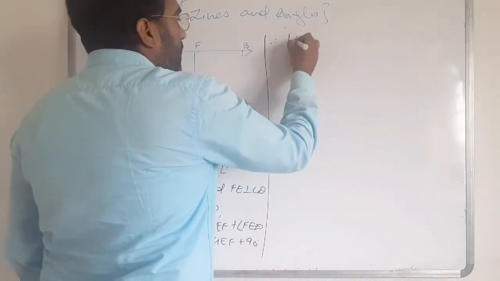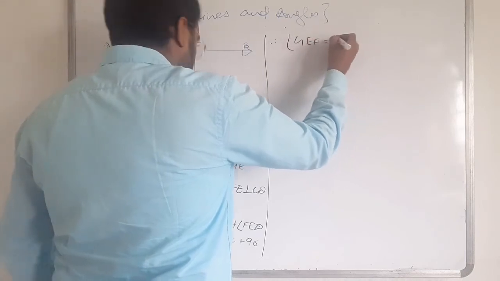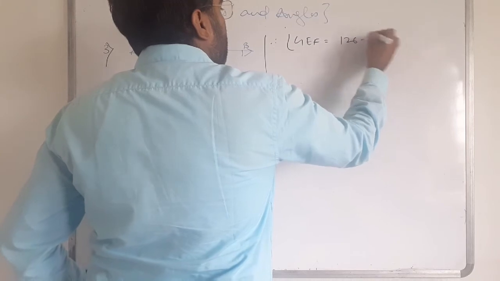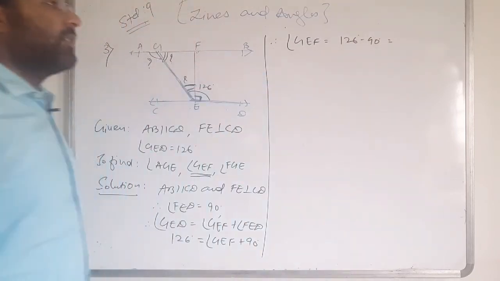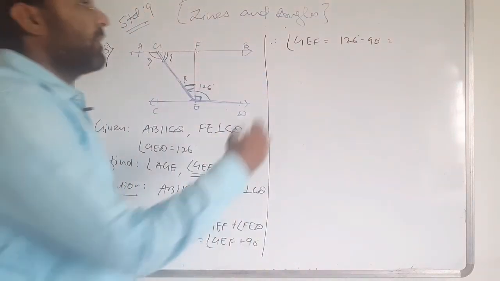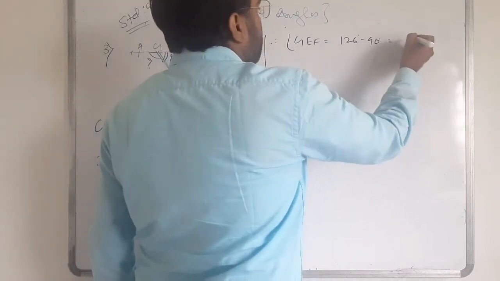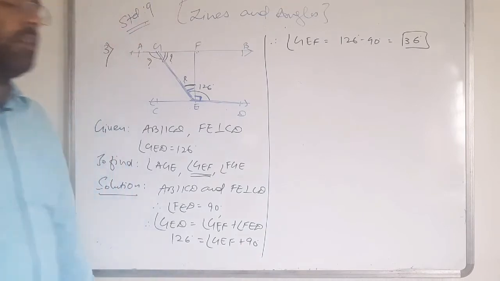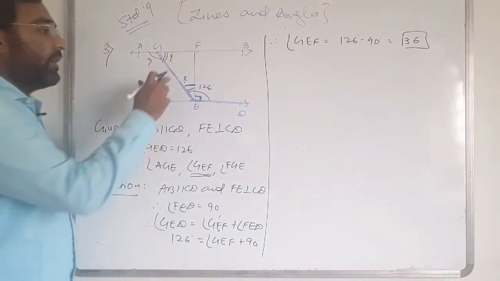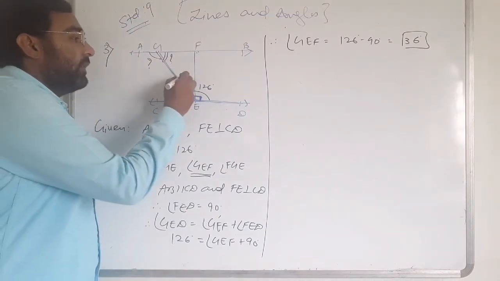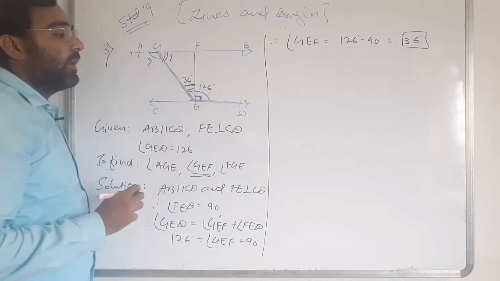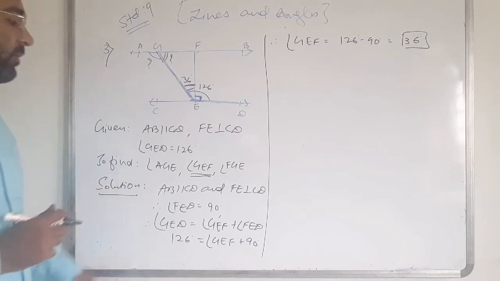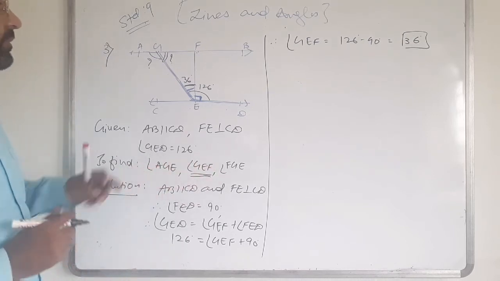Therefore angle GEF is equal to 126 degrees minus 90 degrees, that is 36 degrees. Here my this angle is equal to 36 degrees. Clear? Now we have to find the remaining two angles.